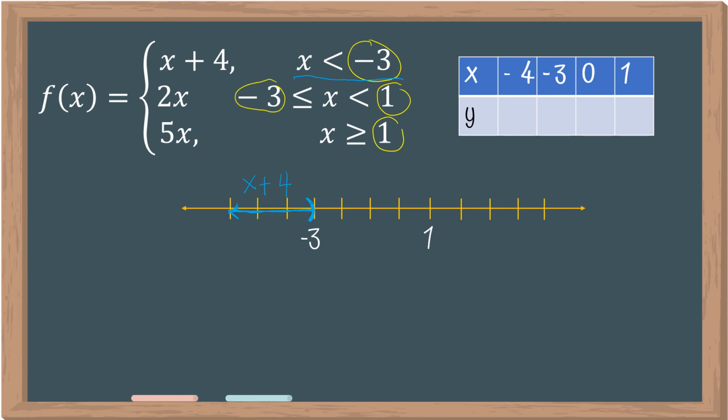For the second one, we have here 2x if x is greater than or equal to negative 3. Dahil we make use of that greater than or equal to, meron tayong or equal to, therefore gagamit tayo ng bracket. So, all values greater than or equal to negative 3 will be, eto siya.